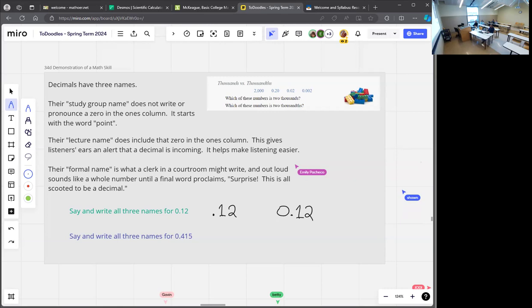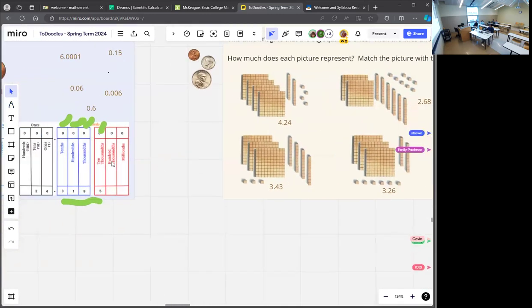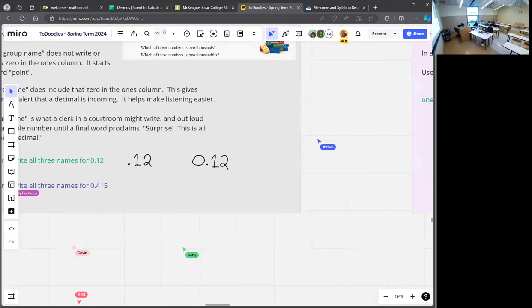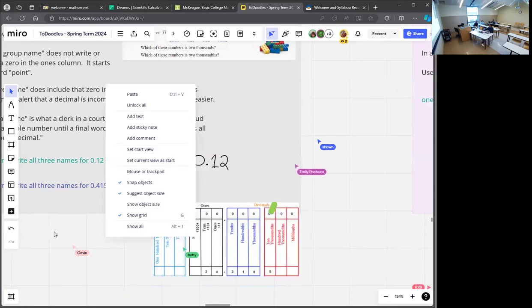And if I was doing stenography, typing out in English words what this decimal is, then I would have to go back to that chart and use that place value chart to say its formal name.